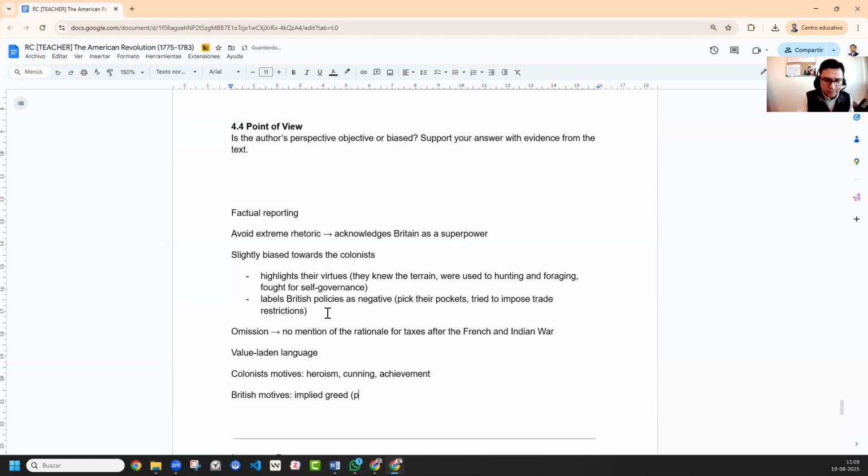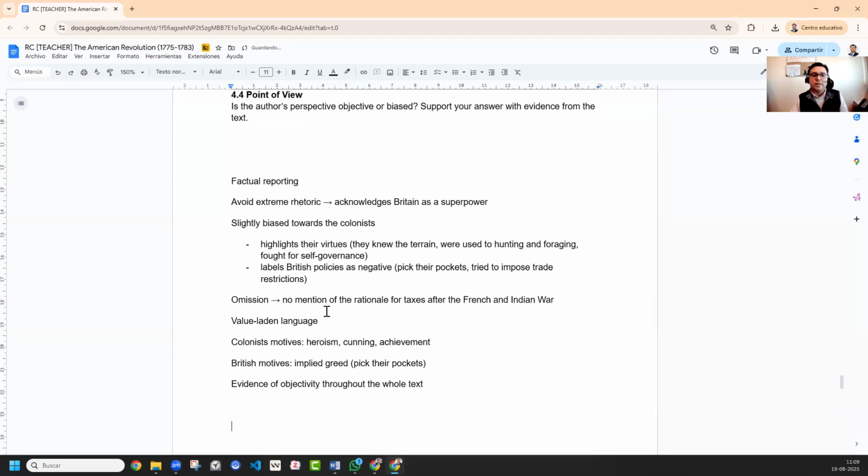Again, the infamous phrase, pick their pockets. It depicts them as thieves. And there is evidence of objectivity throughout the whole text. So now with these elements, we can start drafting a final answer.